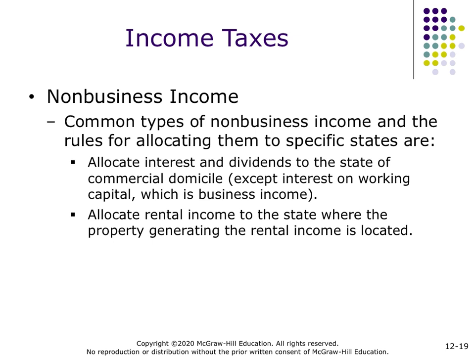That's kind of important. Capital gains from investment property are allocated to the state of commercial domicile, and capital gains from selling rental property are allocated to the state where the property was located. That's an important differentiation between capital gains.